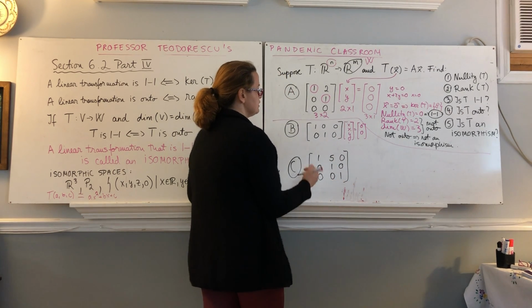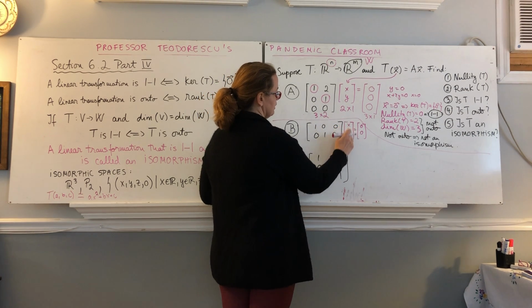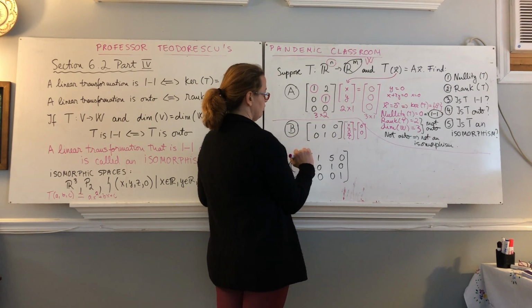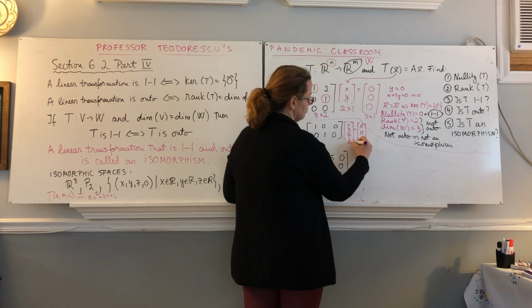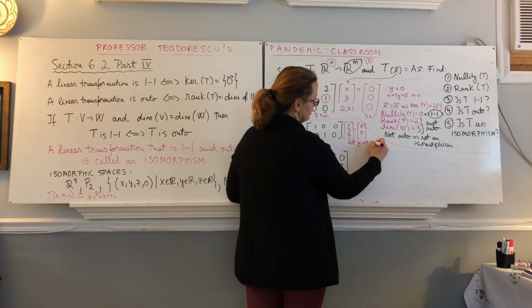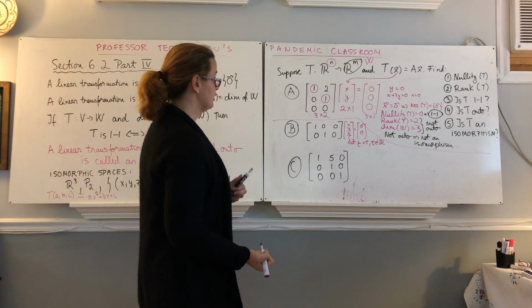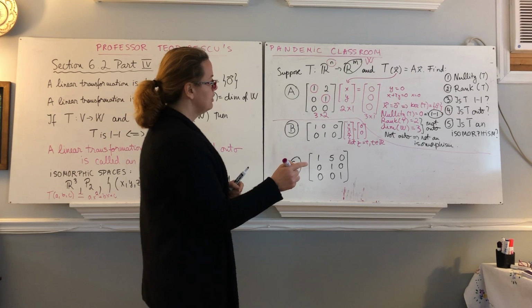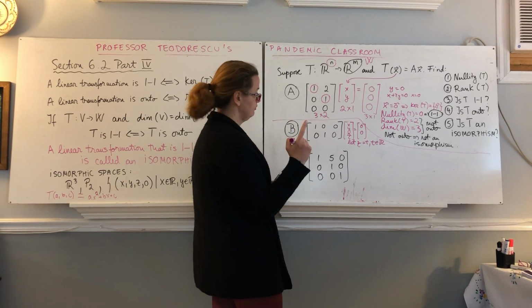So for this, we'd get x, y, z. You'd get x equals 0, y equals 0, and z would be a parameter. So you would let z equal t and have it parameterized that way. Because it has one parameter, the dimension of the kernel, or the nullity, is 1.